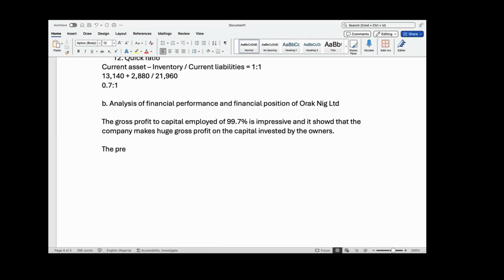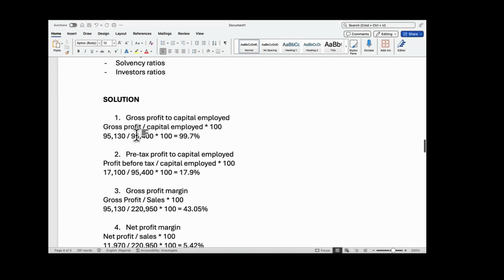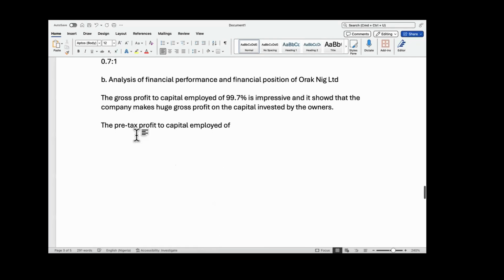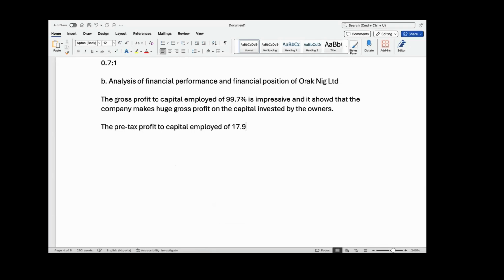You say the pre-tax profits to capital employed of, that one was how many percent? 17.9% is low when compared with the gross profit margin. The gross profit to capital employed.